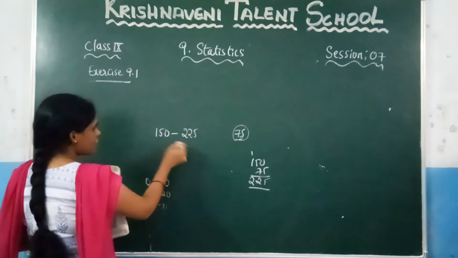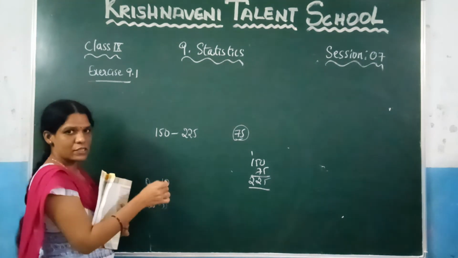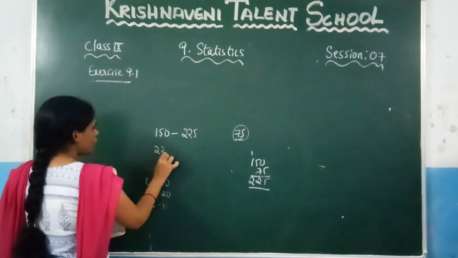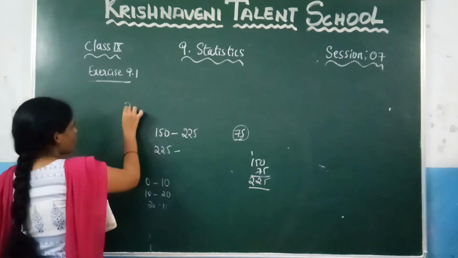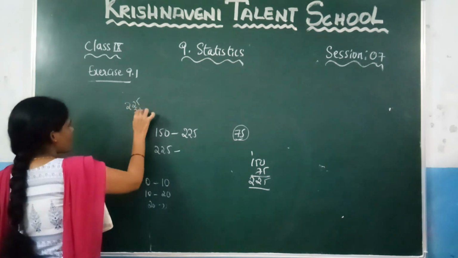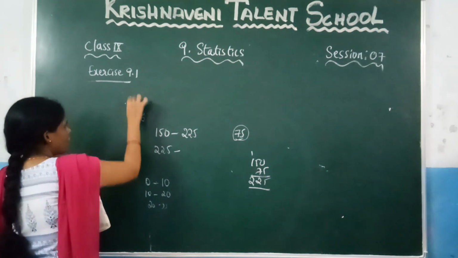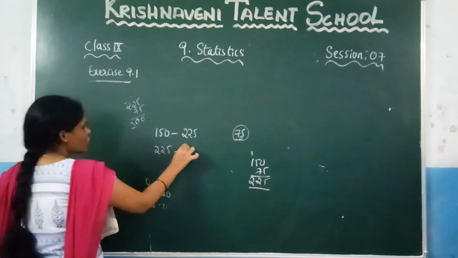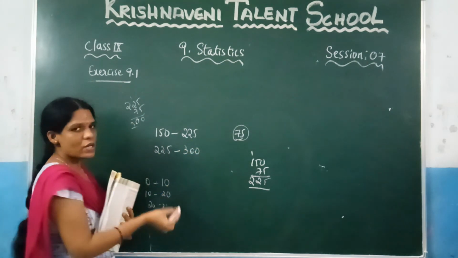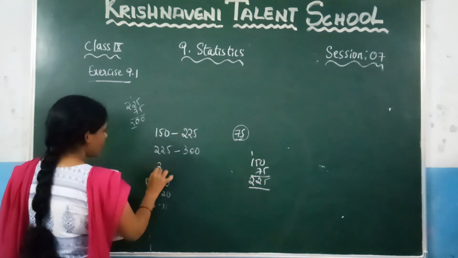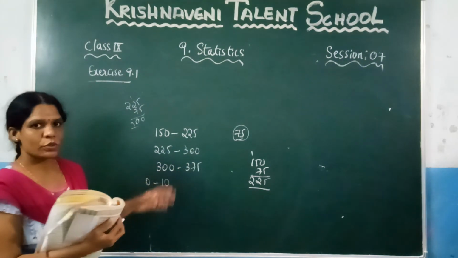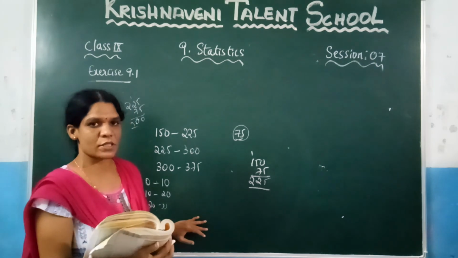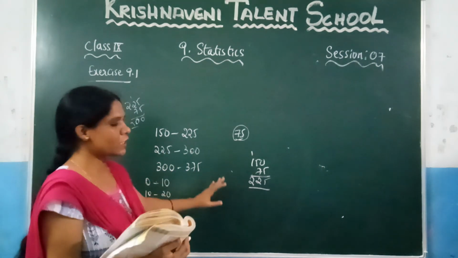So what will be the next class interval, which is 225 to, let us add 75 to that. What will you get? 225, 75. So 5 plus 5 which is 10, which is 300. So you will get here 300. What is the next class interval, which is nothing but 300 to 375. Like that you need to create the grouped frequency distribution table and calculate the frequency.